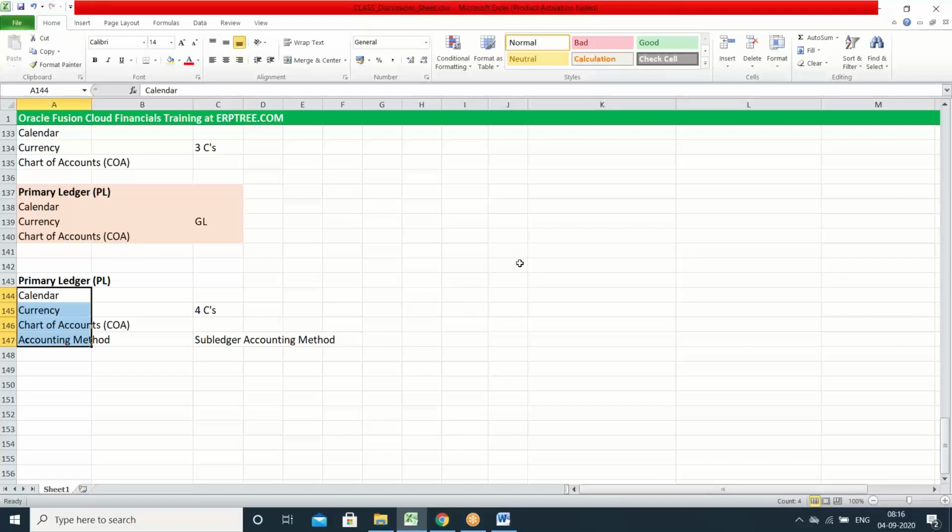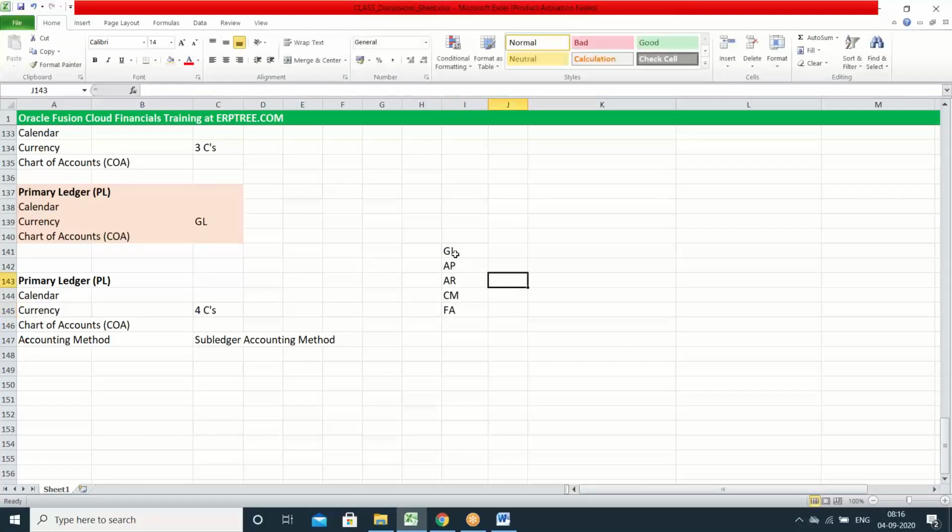Okay. Primary ledger means which we can use to record the transactions in any application. Subledger means application names other than GL. We have applications GL, AP, AR, CM, FA, many other applications.